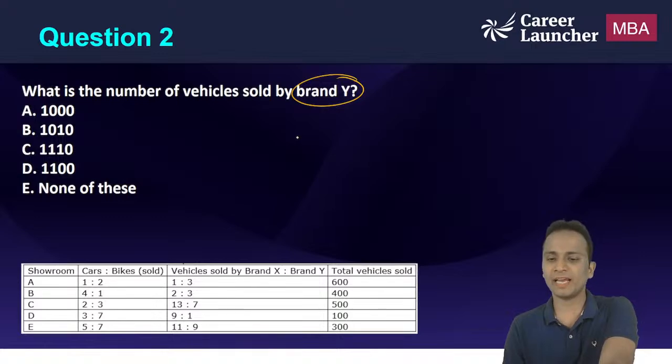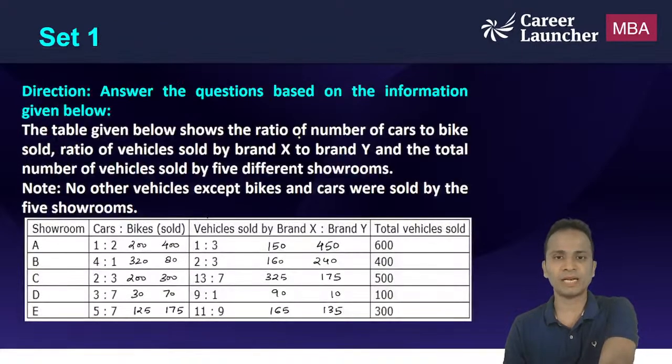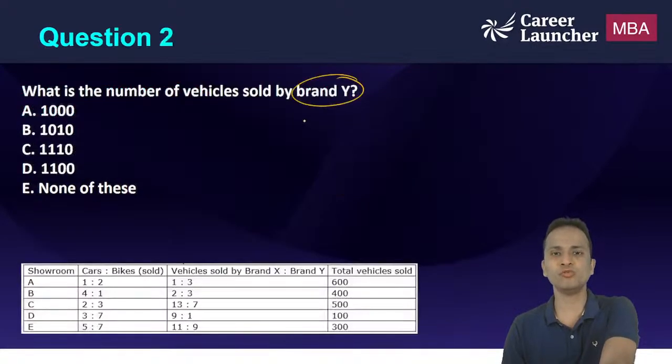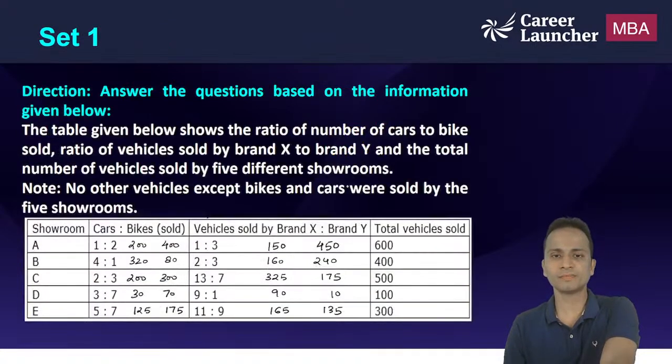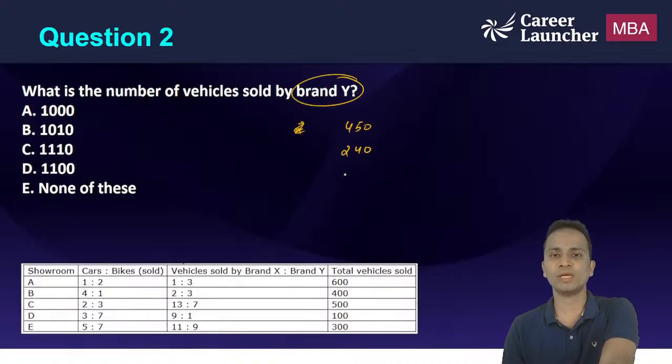So brand Y, I am adding these numbers. So brand Y 450, 240, 175, 10 and 135. These are the respective numbers showroom wise. Okay, so adding 400 and 200, 600, 700, 800.